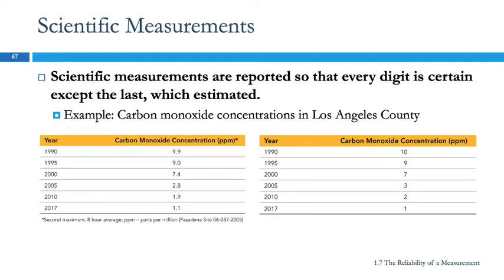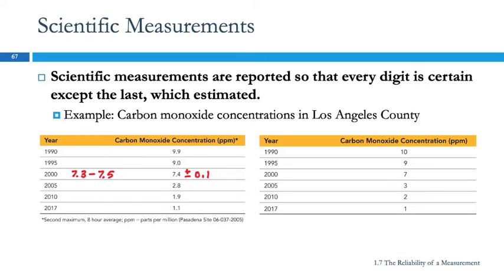So let's look at this one. This is plus or minus 0.1. So that tells me that the person who's measuring this is saying it's between 7.3 and 7.5. Could be anywhere in there. Okay?